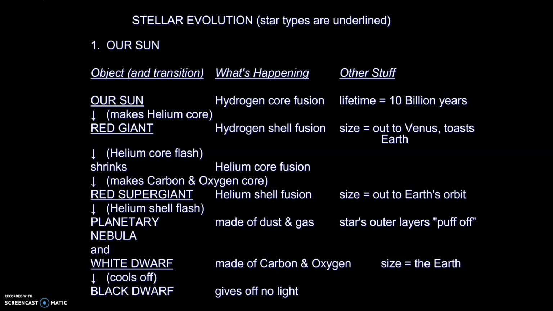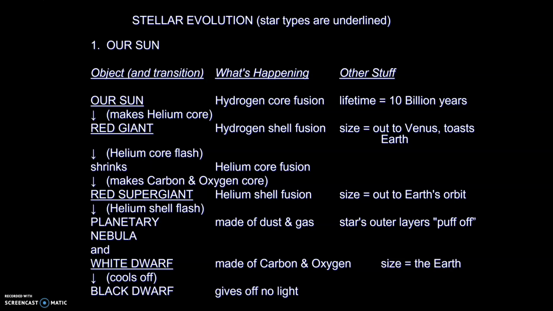Just again, looking at stellar evolution, we have stars like our sun. Our sun is going to make a helium core. What's happening there is hydrogen core fusion, and this is going to last about 10 billion years. Then we'll turn into a red giant, where we have a hydrogen fusing shell.